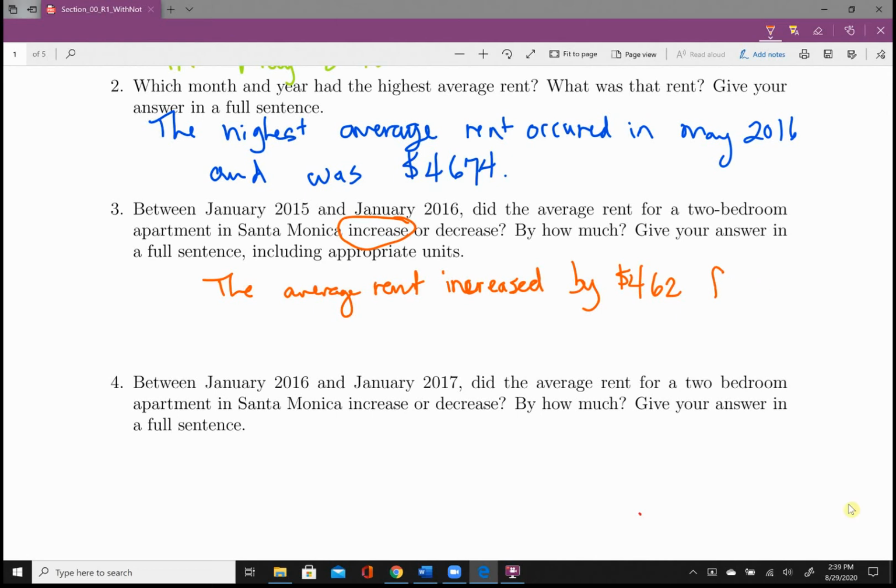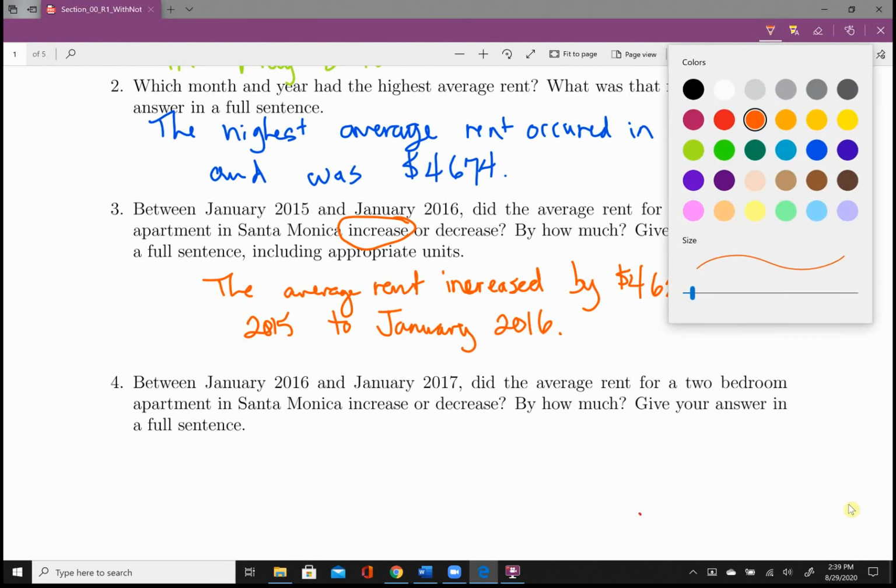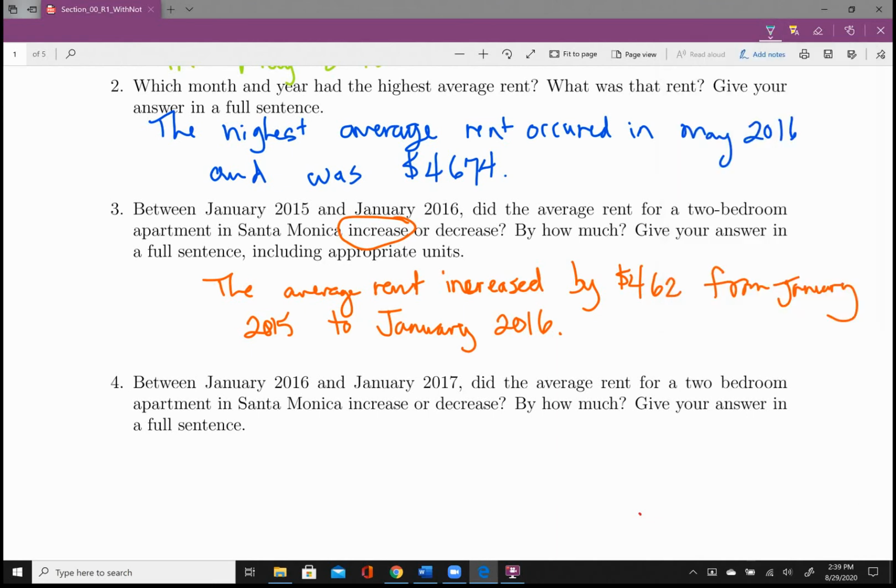From January 2015 to January 2016. Boom. Donezo on that one. Change the color for the next problem, and we are done with that one.